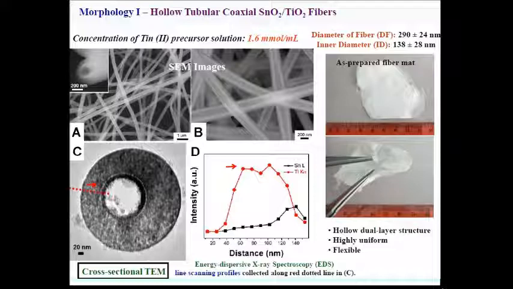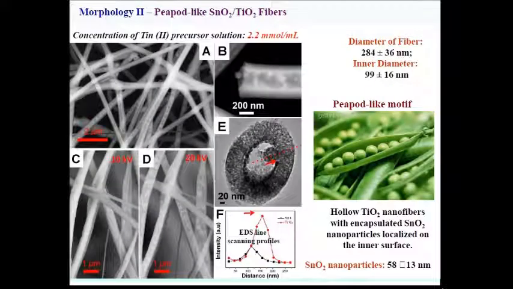Okay, so again, you increase the concentration of tin precursor solution to 2.2 millimoles per mil. What you basically have here is a pea-pod-like material. The outer diameter of this is about 284 nanometers. The inner diameter is about 100 nanometers. If you look at the EDS profile, you have, again, much more titanium on the outside.